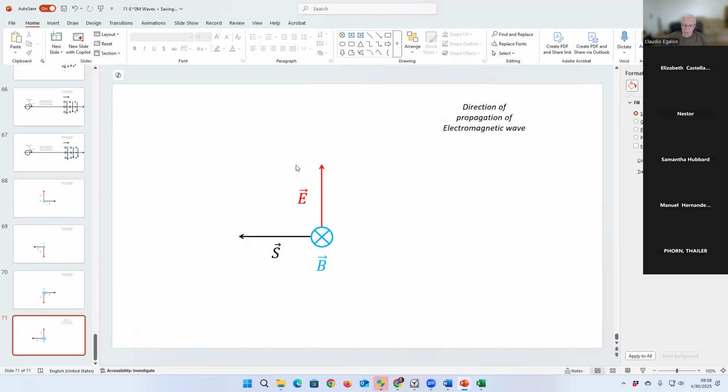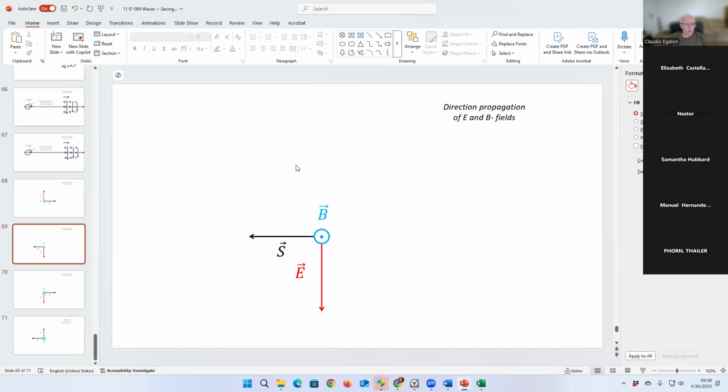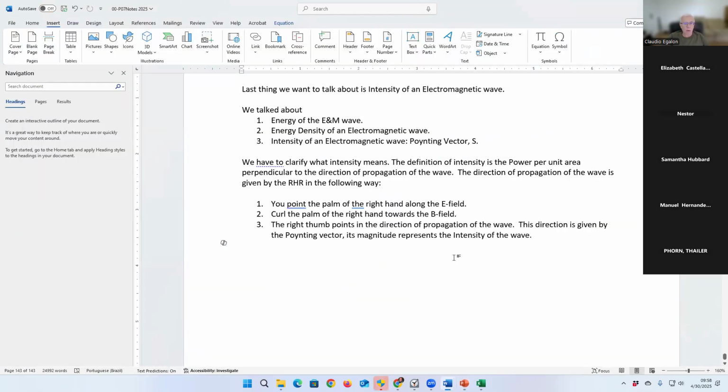But we gotta do more than that. Not just the direction of propagation. We gotta also come up with the formula for the intensity, or the magnitude, of the Poynting vector, right?